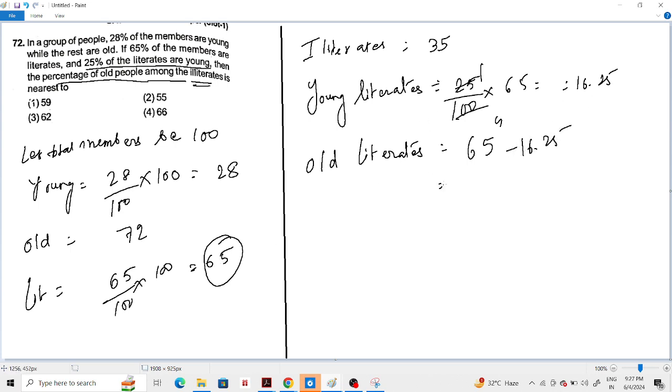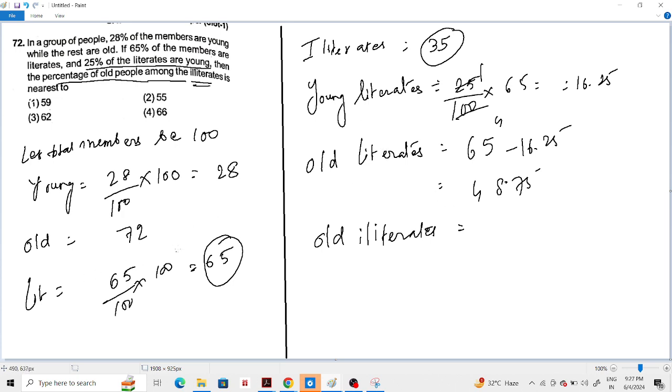So the difference will give me old literates. On subtracting this, we will get 48.75. Okay, old literates. Now how many are old illiterates then? You see how many illiterates are there? 35.